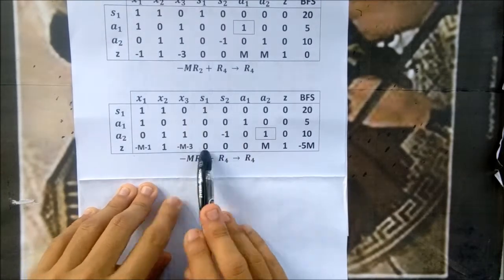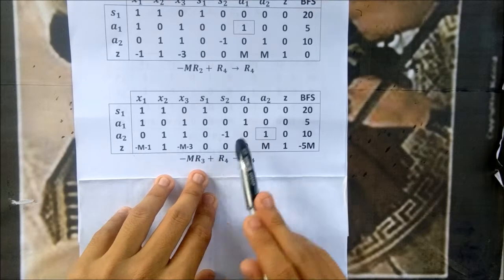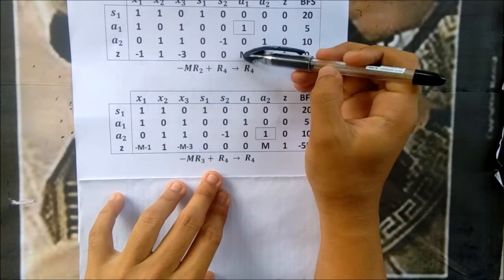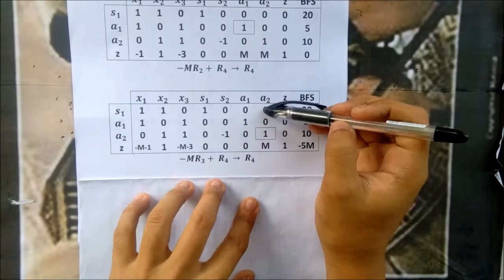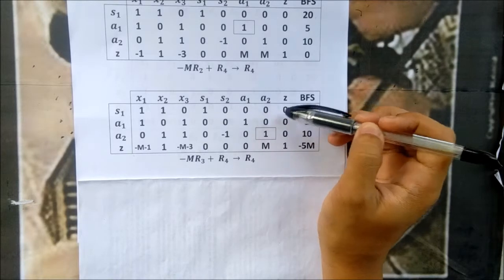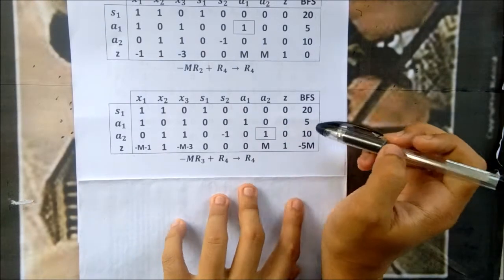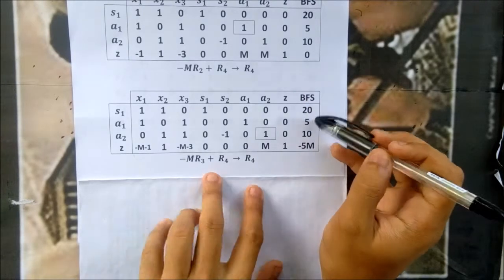This column won't be affected, and this M will become 0 because we performed the row operation. This column won't be affected because it has a 0 value here, and also the basic feasible solution column.